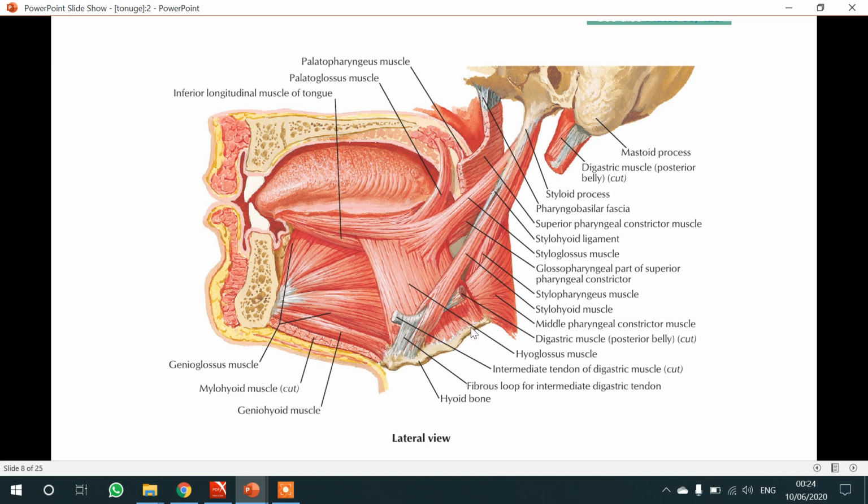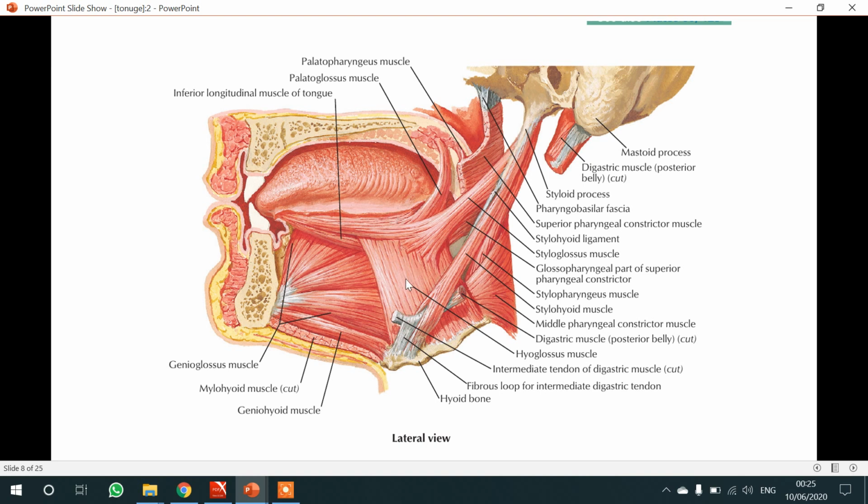So the muscle is attached onto the body and greater cornu, or horn, of the hyoid bone, and it is a quadrilateral muscle. Quadrilateral means it has four sides: 1, 2, 3, and 4. And on the fourth side, it is inserted into the sides of the tongue, and it merges with the intrinsic muscles of the tongue.